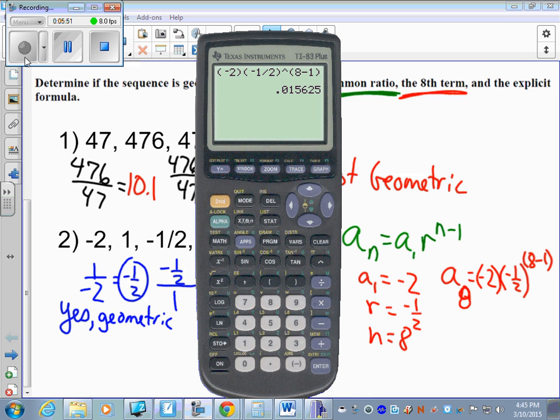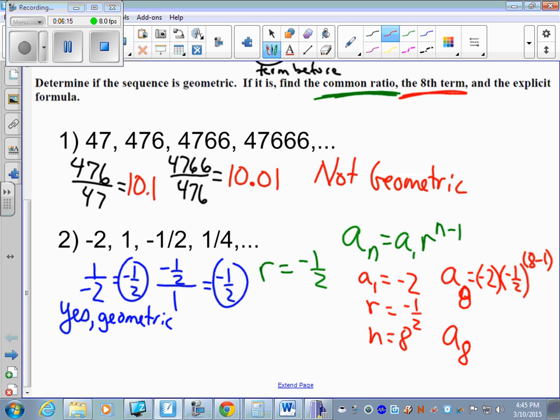I entered it in the calculator exactly how I see it, putting parentheses around each part. You can do it a different way. I got a decimal here, and we know Mr. Johnson doesn't like decimals. So I'm going to go to the math key, change it to a fraction, and get 1/64. So this tells me that the eighth term is 1/64.